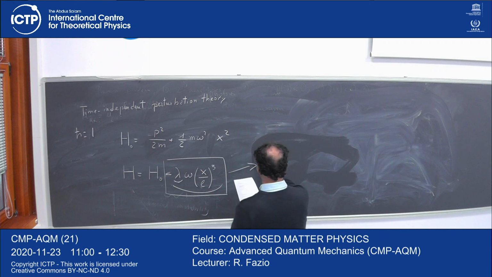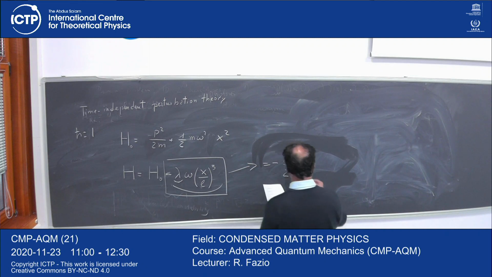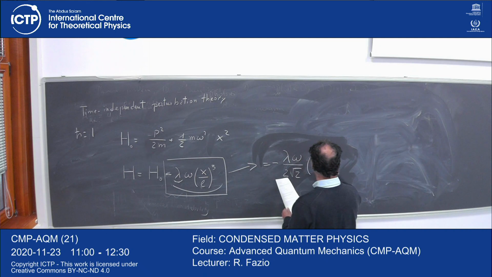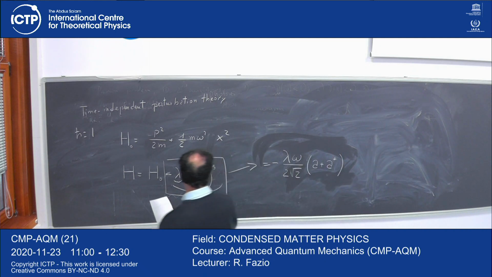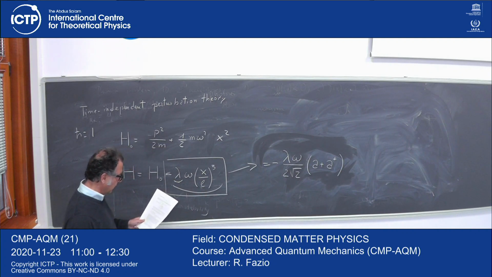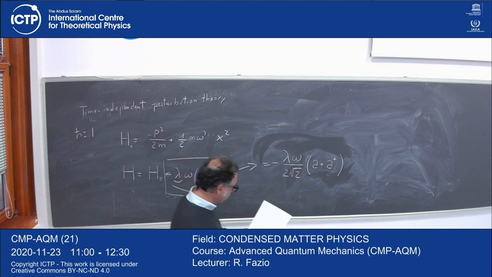And this is equal to minus lambda omega over 2, with the harmonic oscillator length, times (A plus A dagger), such that we have something simple to compute.